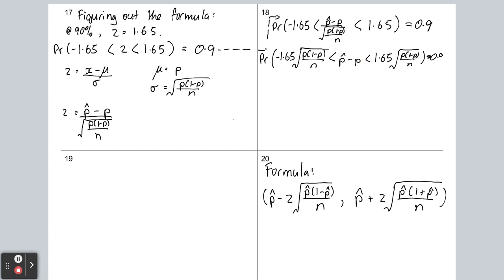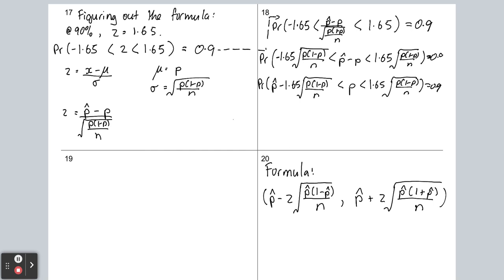Long story short, by removing the p hat and the minus from the middle, I end up with the probability of p hat minus 1.65 square root p outside of 1 minus p all over n is less than p, is less than p hat plus 1.65 square root of p times 1 minus p all over n, equal to 0.9. Okay, so that gives us p in the middle of this kind of interval, if p happened to be in the middle of our interval.